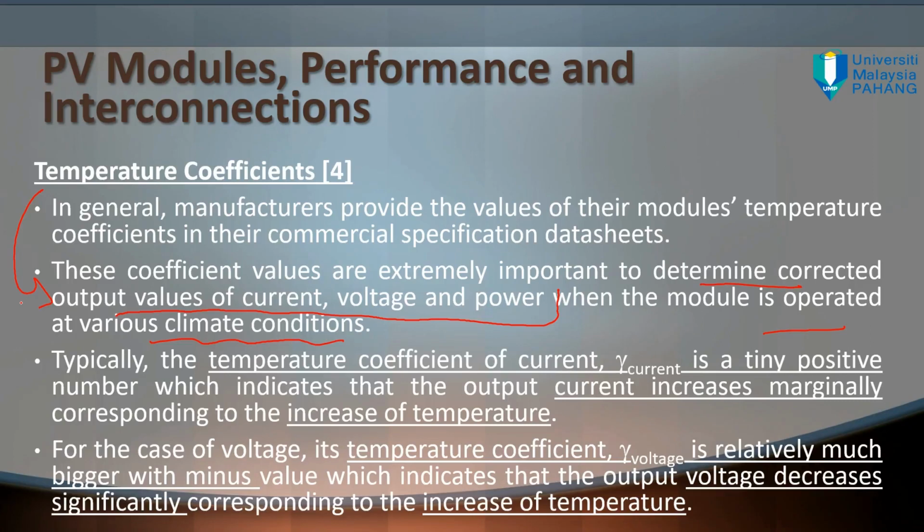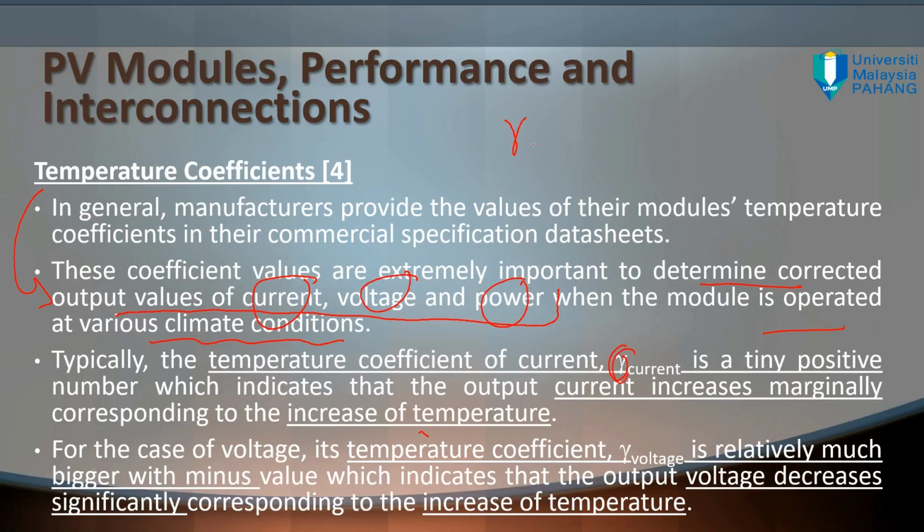Okay. Typically, the temperature coefficient of current is a tiny positive number, which indicates that the output current increases marginally corresponding to the increase of temperature. Okay. There are three temperature coefficients: one each for current, voltage, and power. They're written with gamma, I think.